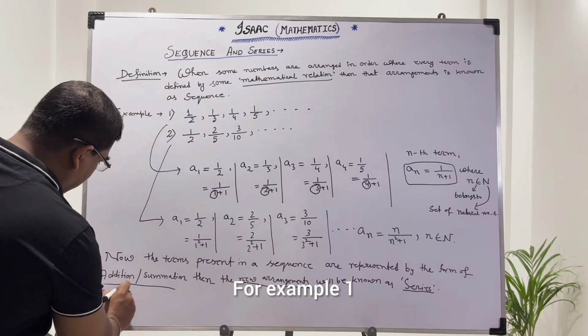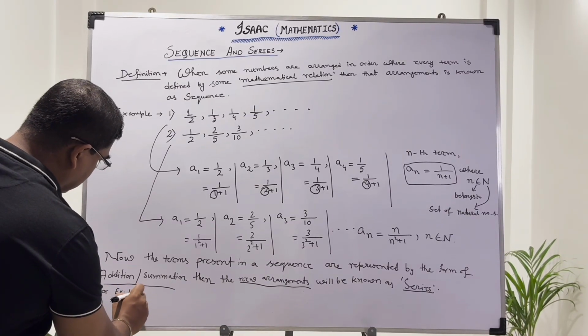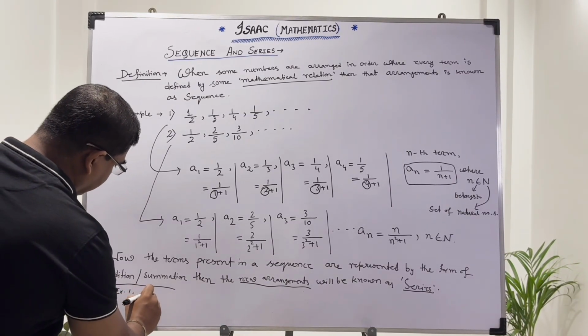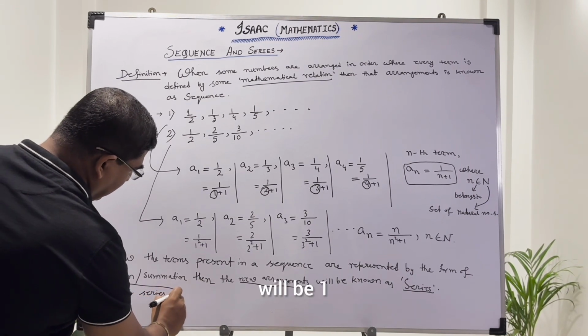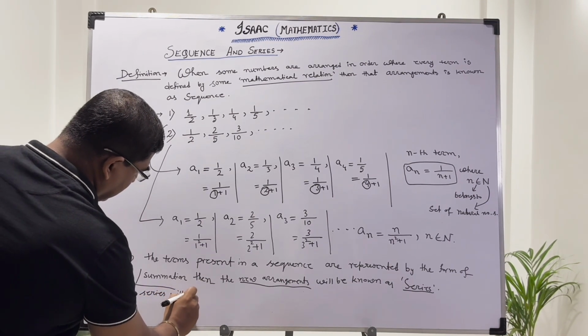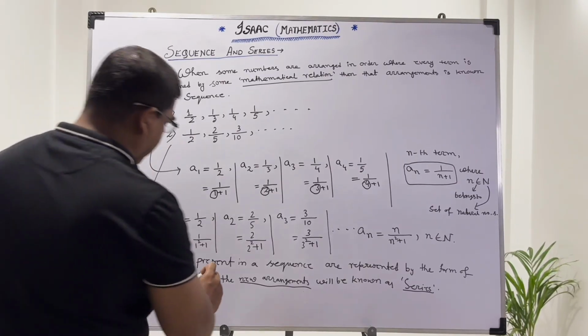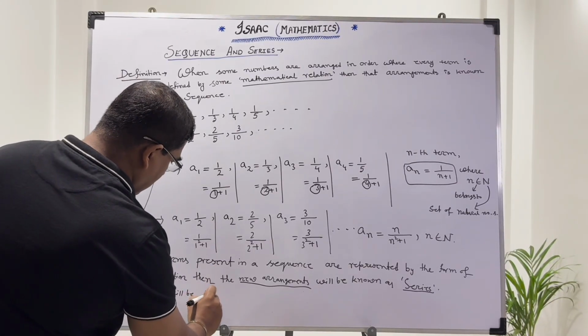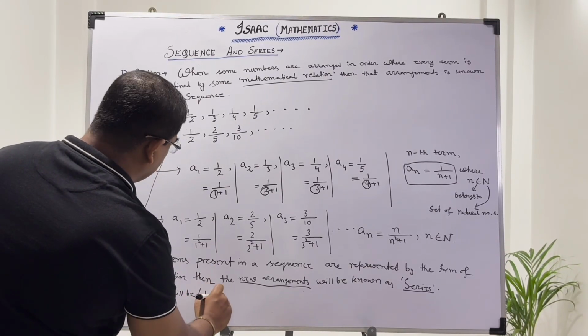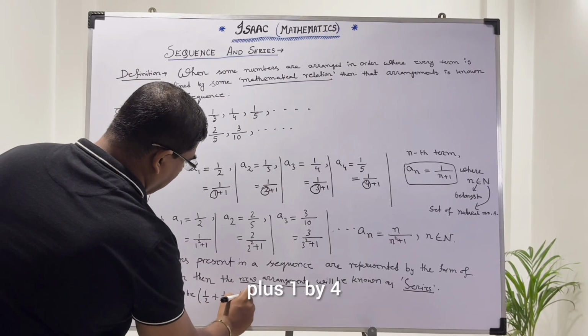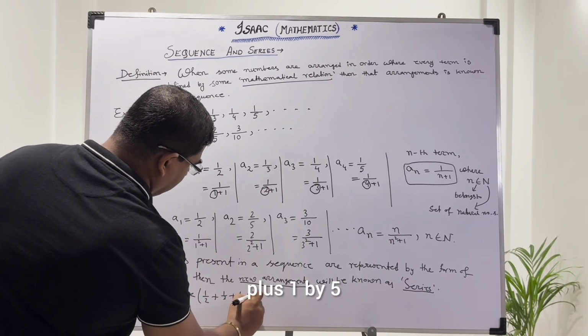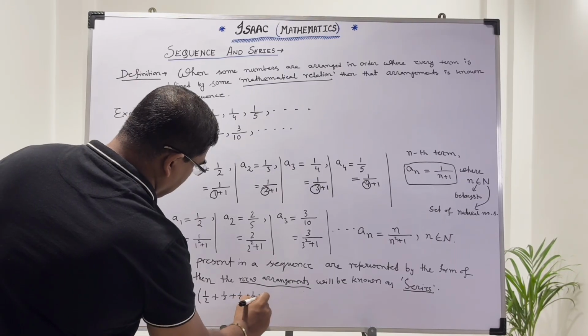For example 1, series will be 1 by 2 plus 1 by 3 plus 1 by 4 plus 1 by 5 plus continuing.